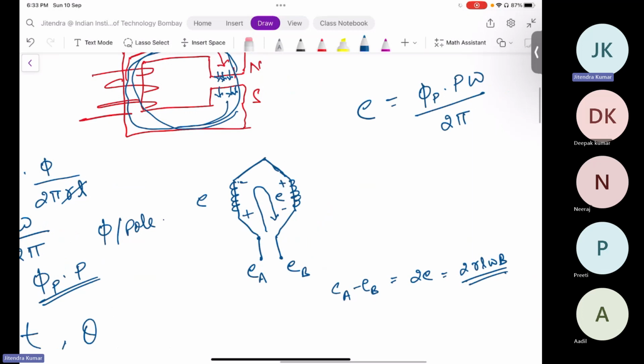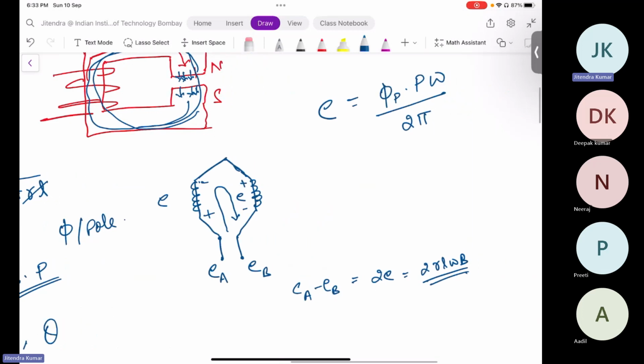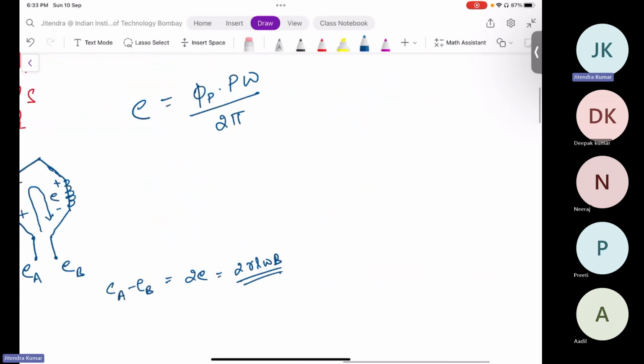Now again, it will depend on the type of winding. What will be the number of parallel paths when it is connected as a lap winding or wave winding? We will go into detail of lap and wave winding, but for the time being, just take it from me that in lap winding, parallel paths are equal to the number of poles, and parallel paths are always two in case of wave winding.